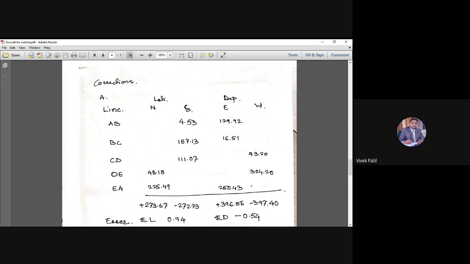So this will be summation L, that is summation latitude, and this will be summation departure. In the formula we have seen summation L and summation D of correction, isn't it? If northing and southing both values are same, what will be summation L?